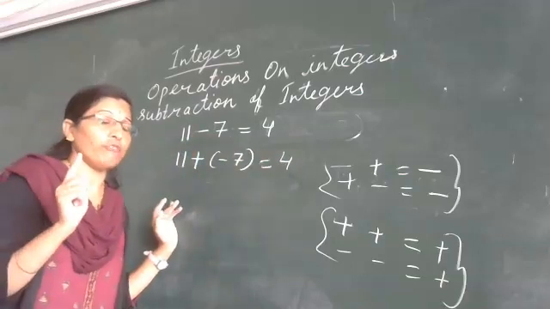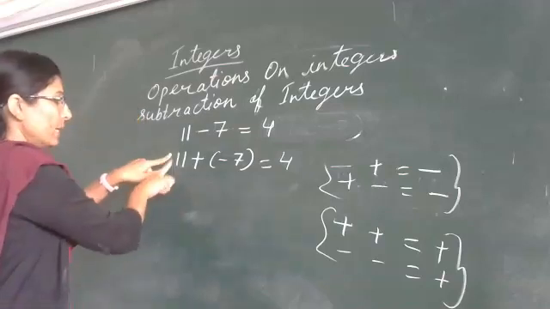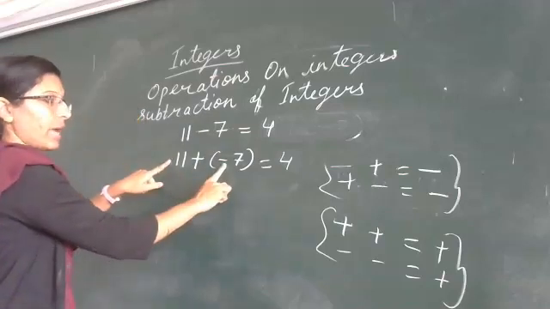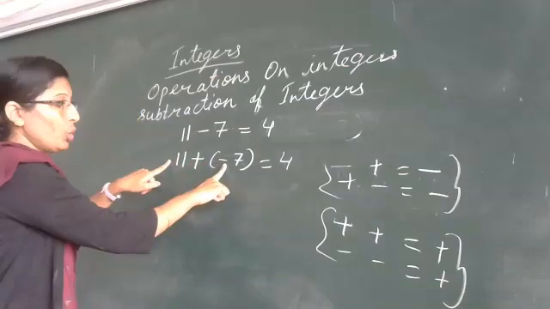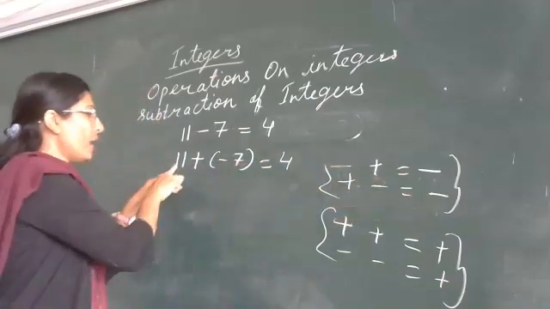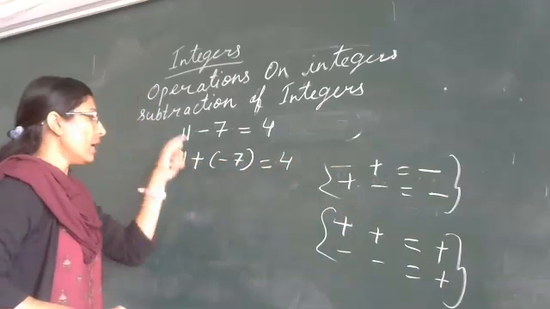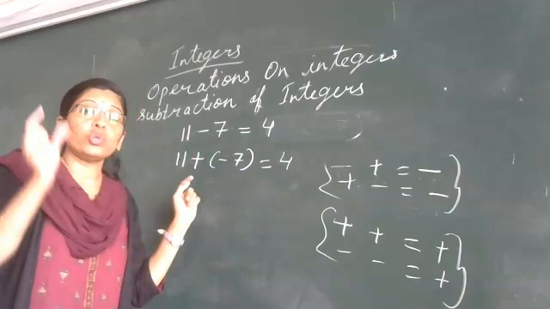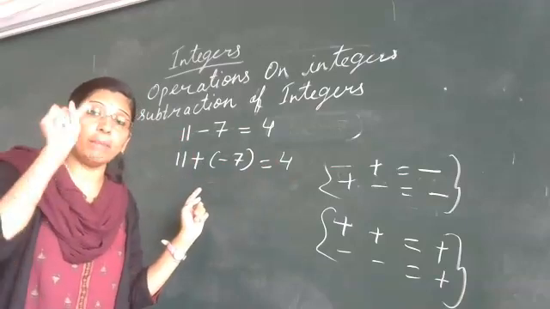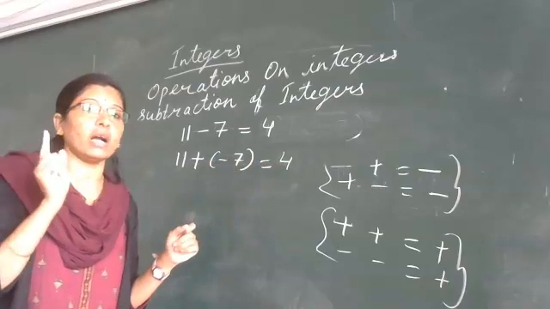See, again you are getting confused. In integers, when one is having plus sign and one is having minus sign, you have to do subtraction. So 11 minus 7 is 4, and here 11 is greater. So the greater number is having plus sign, so in the answer also plus sign will come.